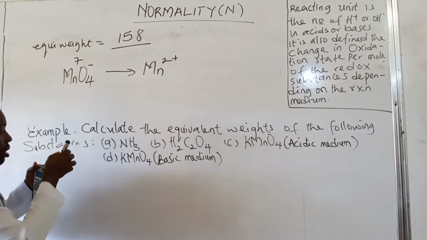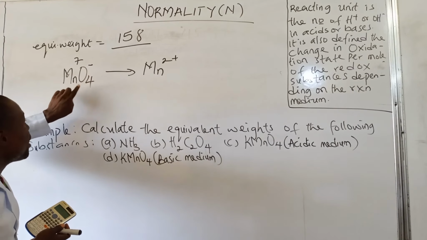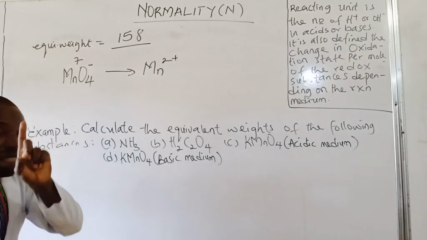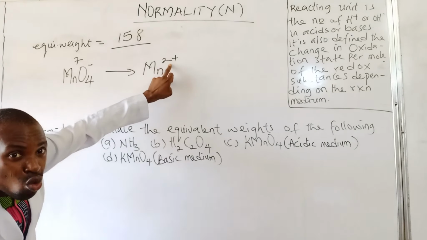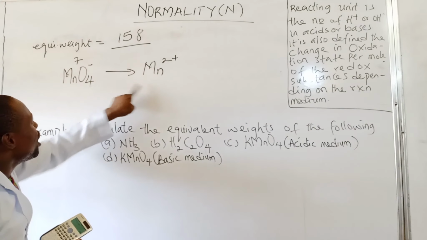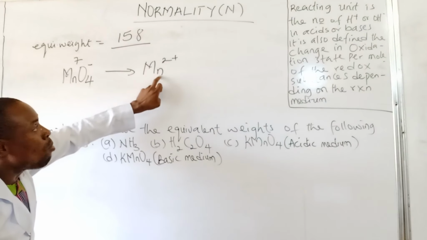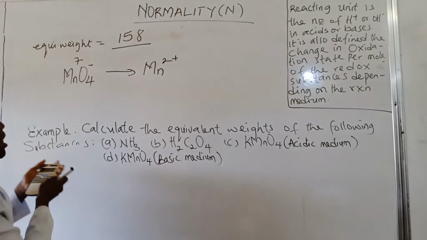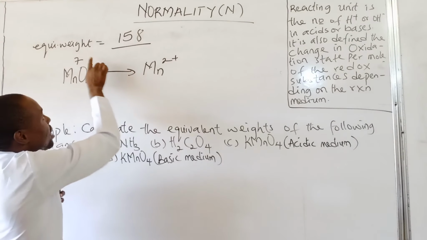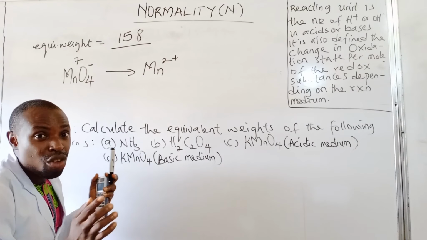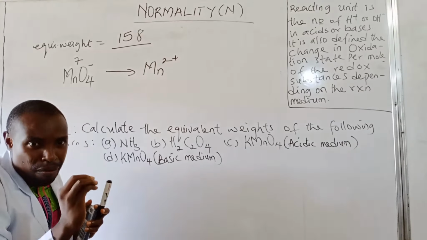Remember, the state of manganese here is +7, while that of manganese here is what now? It is +2. So the change in permanganate to manganese 2 ion is +5, in the sense that 7 minus 2 will give me what now? 7 minus 2 will give me +5.